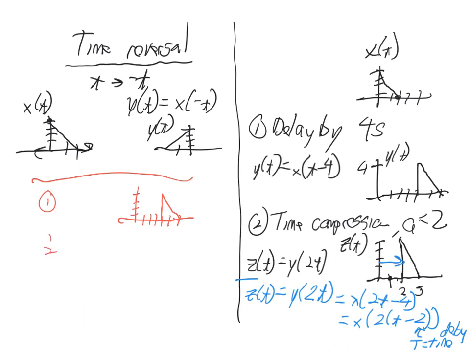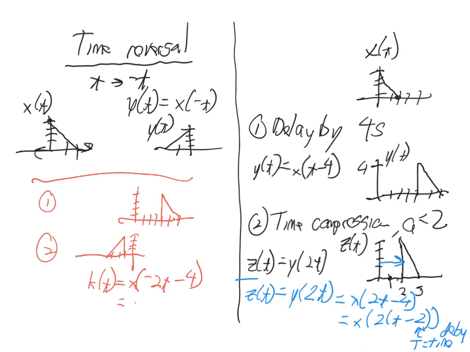And then if a is -2 now, I get a time reversal. So I'm on negative time from -2 to -3 with the same amplitude up to 4 here. Let's call that k of t, which is going to be x of -2t minus 4. Now, did we do that right?